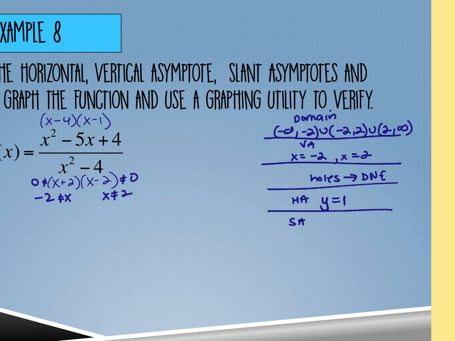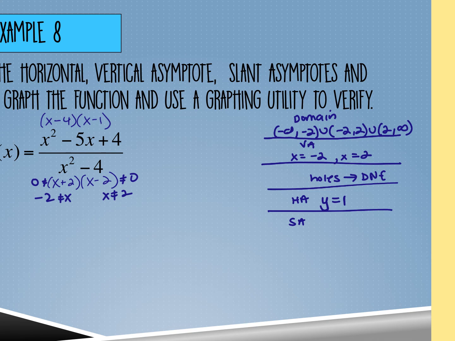You just put one over the other. So if it was a 2 in the top and a 1 in the bottom, it'd be y equals 2. But if it was 2 in the top and a 4 in the bottom, then you'd simplify that to be a half. So y would equal a half.